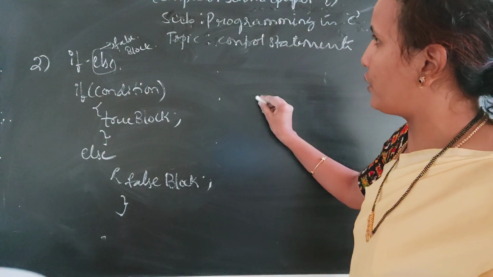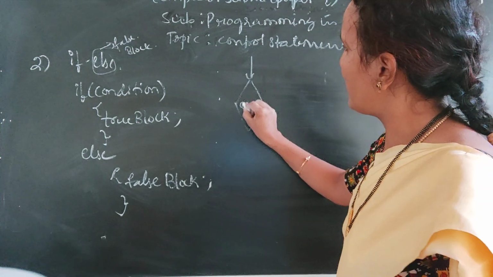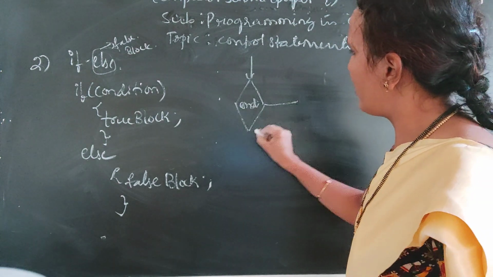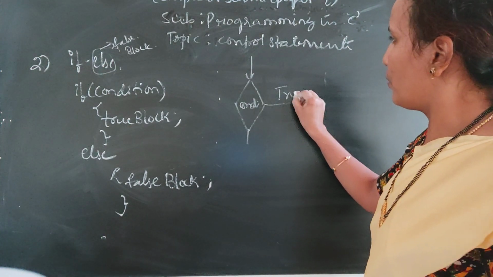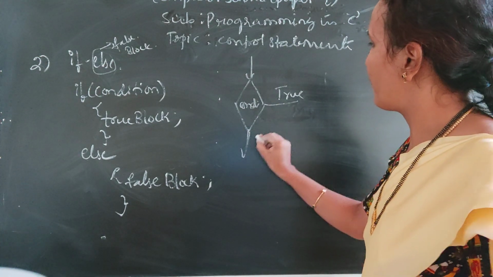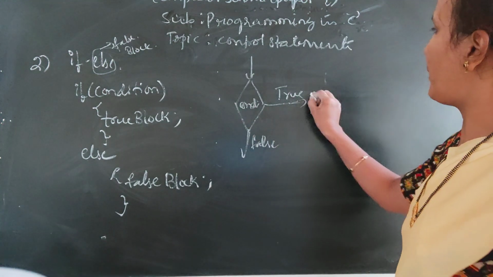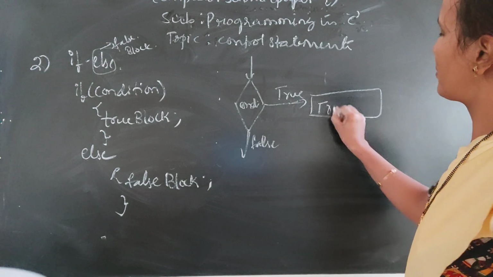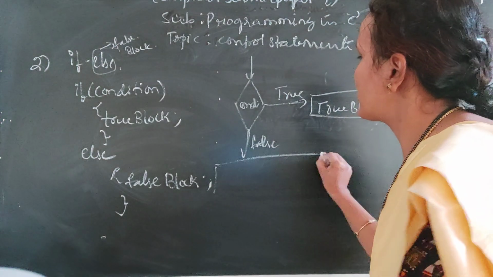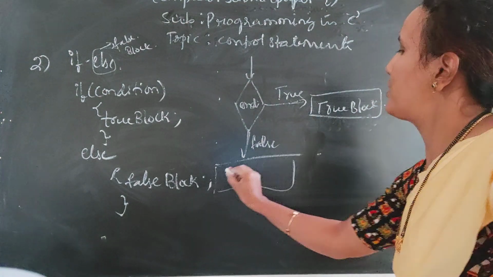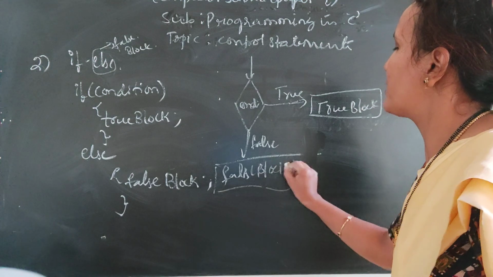For this, I will give you the flow chart. Again, entry, condition. As I already said, it is a two-way decision making statement. If it is true, the true block will be executed. If it is false, the false block will be executed. In that block, what you have written doesn't matter.